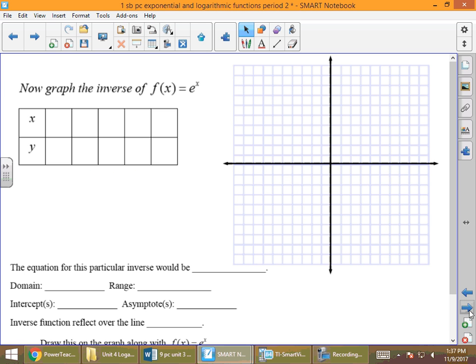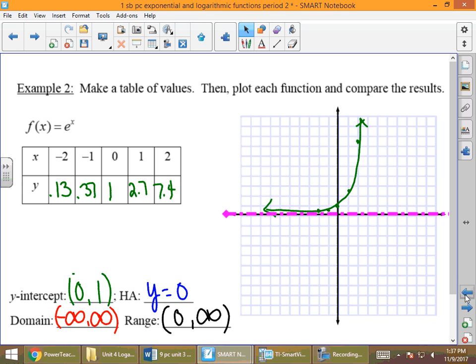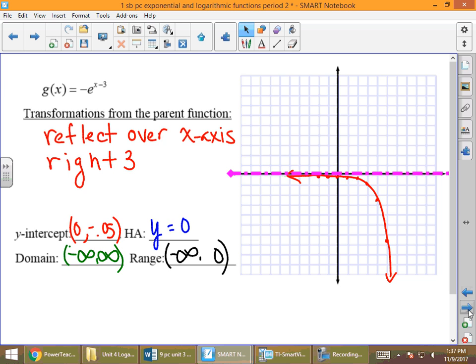So to finish, let's graph the inverse of e to the x. And again, let me remind you that inverse means that we're going to switch the x's and the y's. And not only do the x's and the y's switch, but our domains and range switch as well.